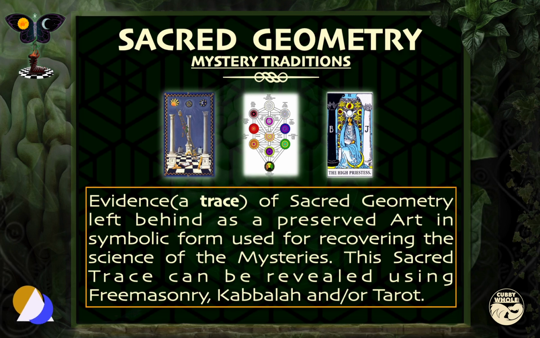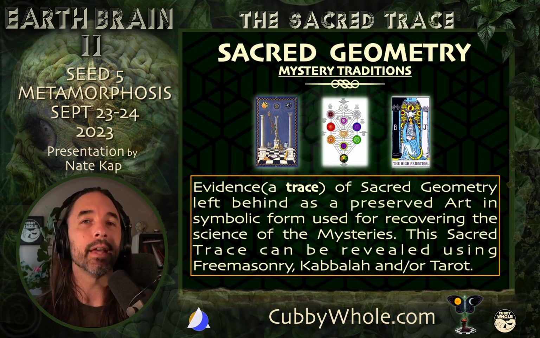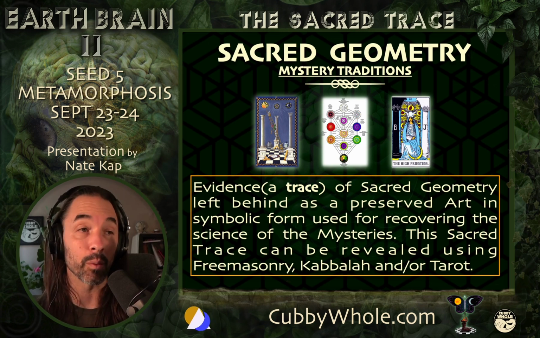Okay, the mysteries being the story of the self. This sacred trace can be revealed using esoteric Freemasonry, esoteric Kabbalah, and or esoteric tarot. Okay, so we really have to understand that these traditions in their esoteric form are where we're really going to find the true beauty and the true connection.